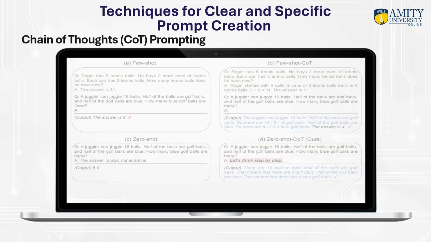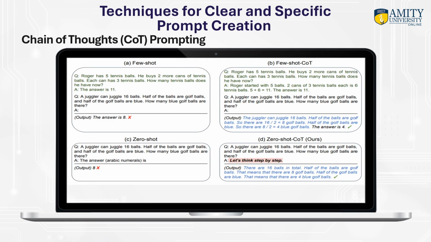So let's say you can combine this also. You can combine this chain of thought prompting with either few shot prompting or zero shot prompting. So this was the few shot prompting. If I directly ask the question with an example, it is possible that it would give you the correct answer.